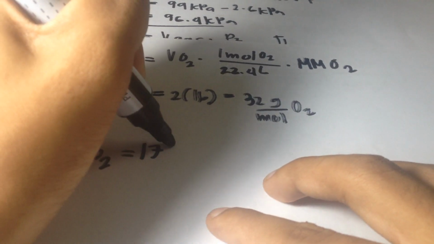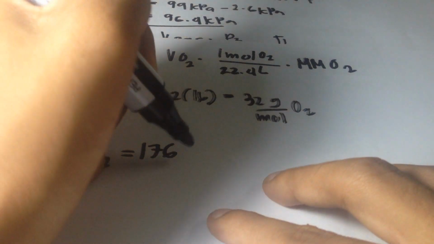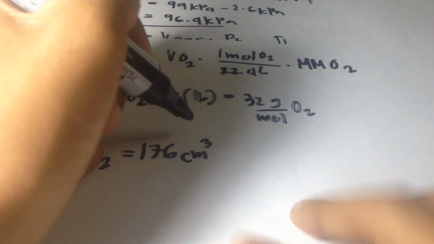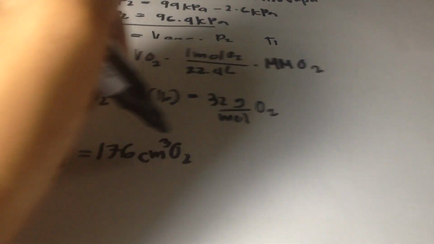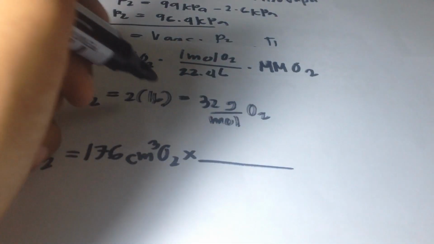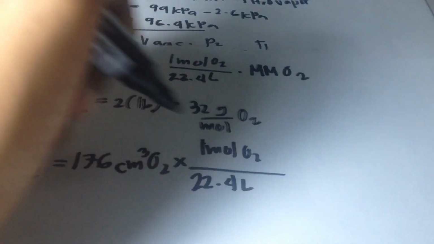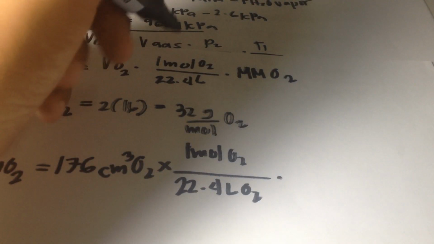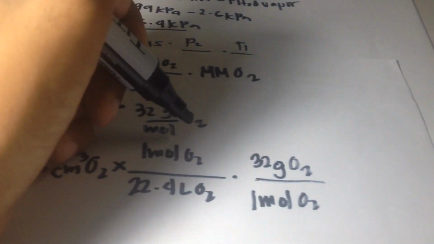So 176 cubic centimeter of oxygen gas times 1 mole of oxygen gas over 22.4 liters of oxygen gas times the molar mass, which is 1 mole of oxygen gas equal to 32 grams of oxygen gas.